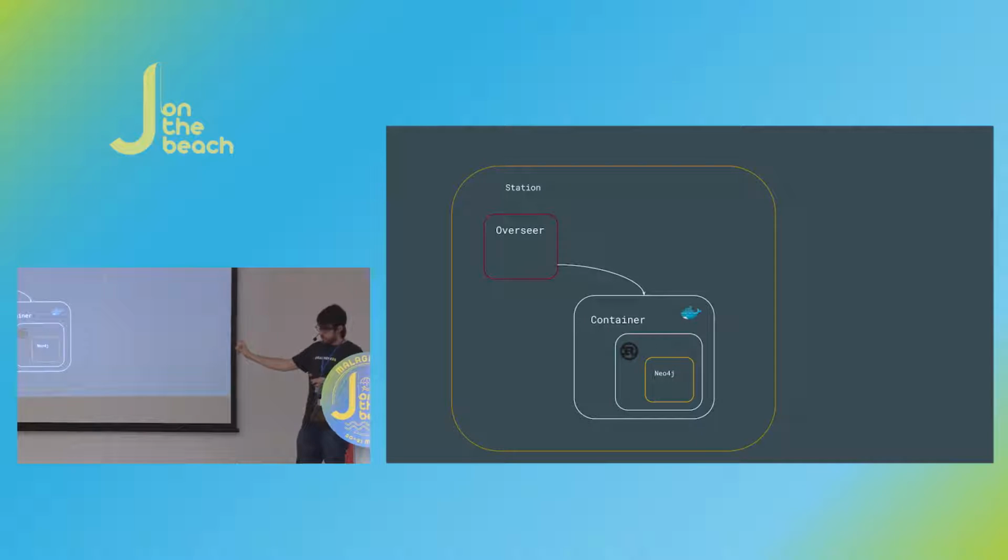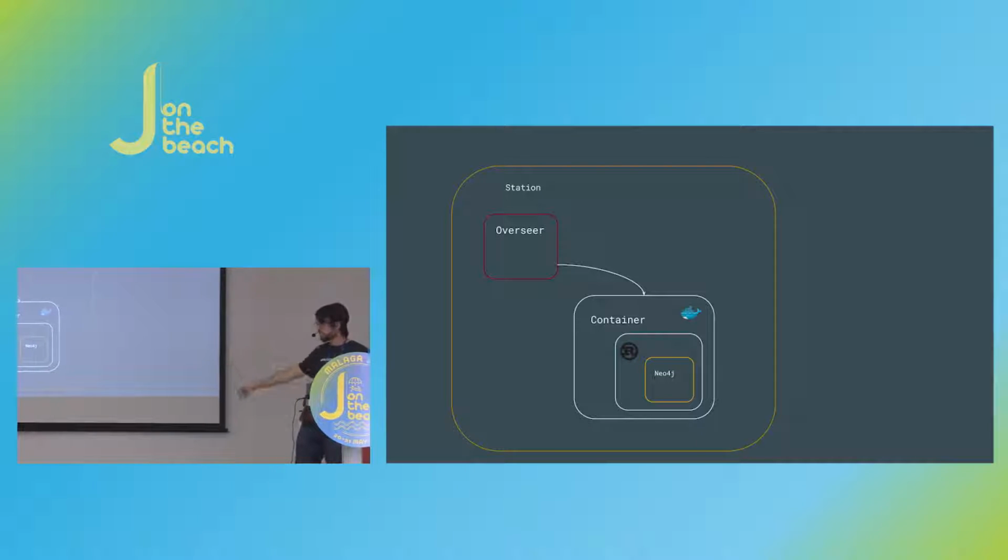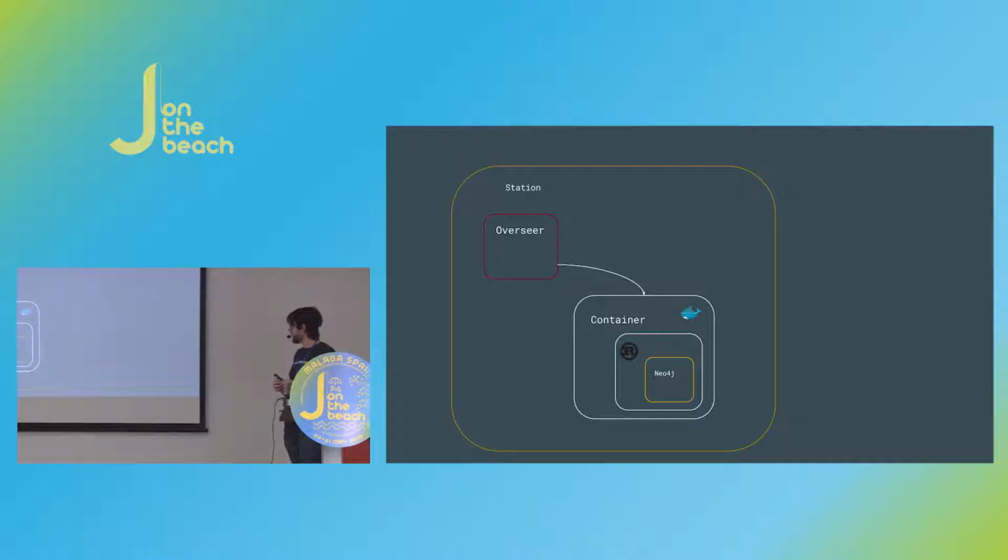Okay, one reason is that we dropped all this C code from our code base, so always deleting code is good. And we delegate a lot of the work that was being done by the overseer to the Docker daemon, okay?